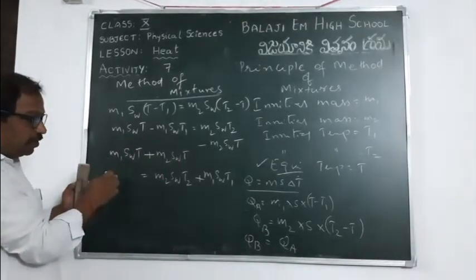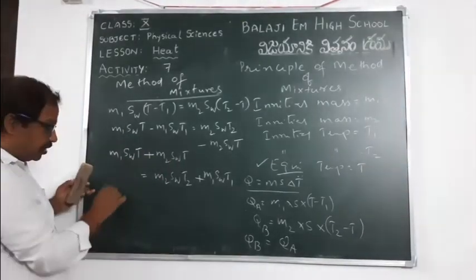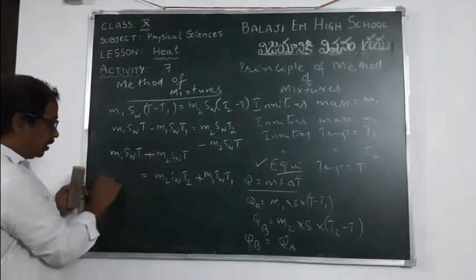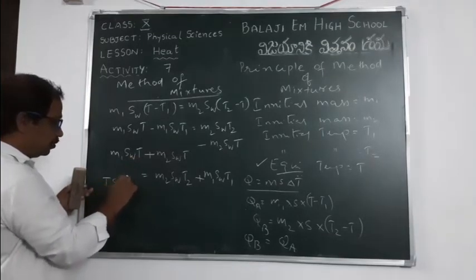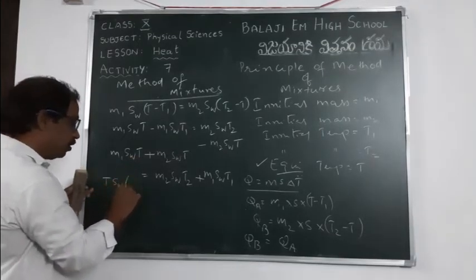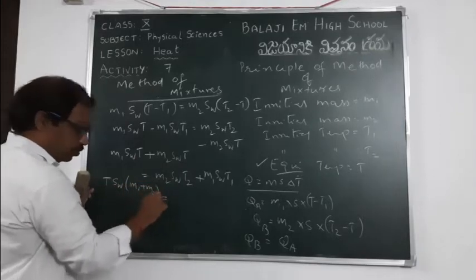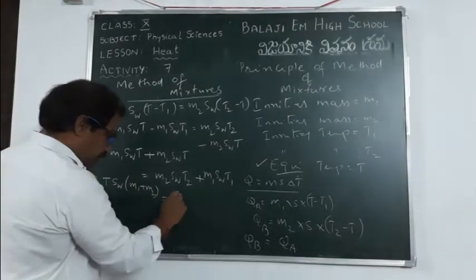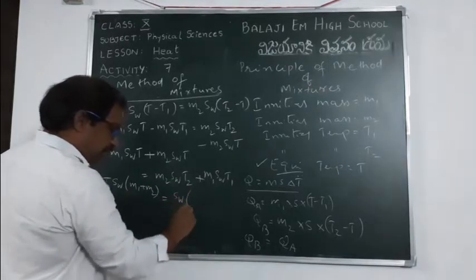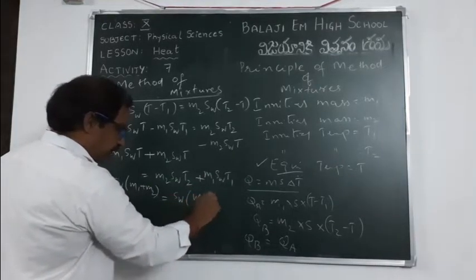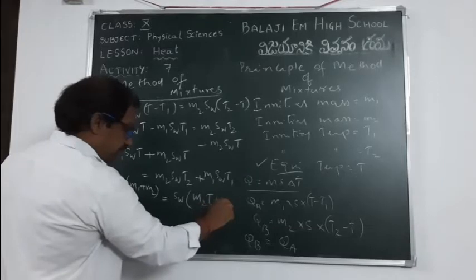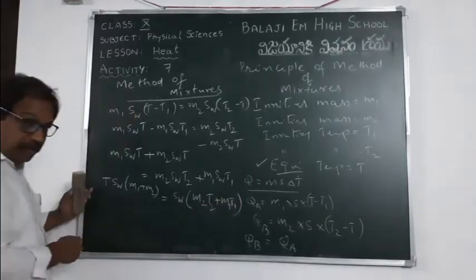We can take it common and cancel it. Taking T out on the left, what remains is M1 plus M2. On the right, taking SW common, what remains is M2 T2 plus M1 T1.